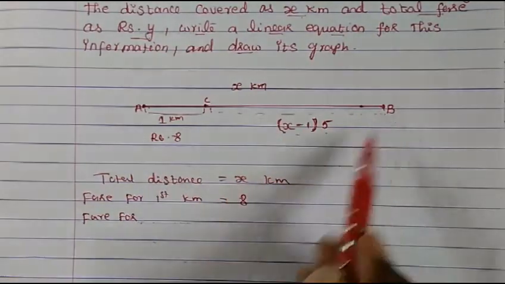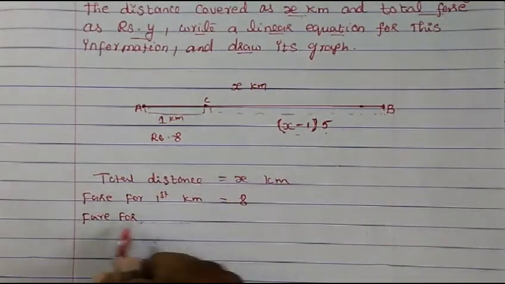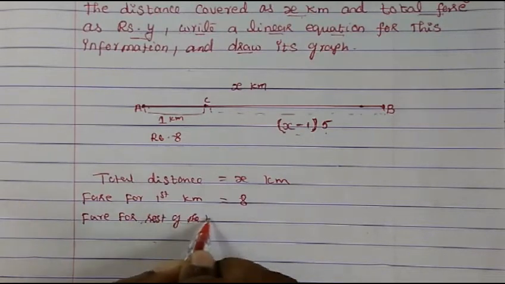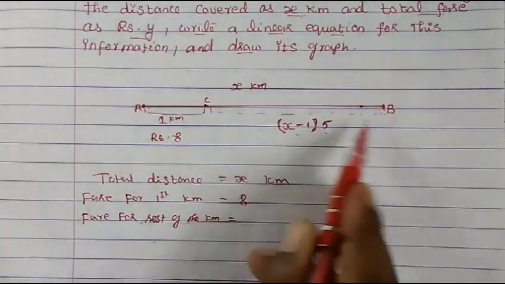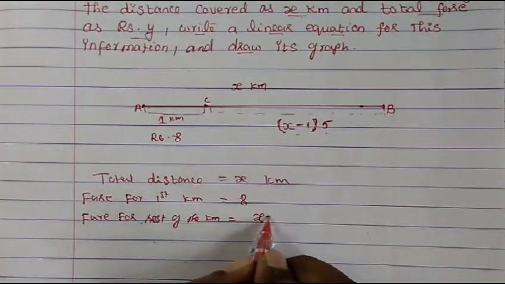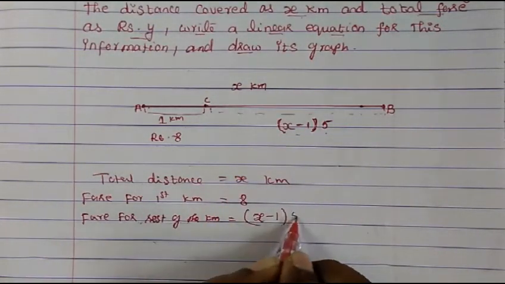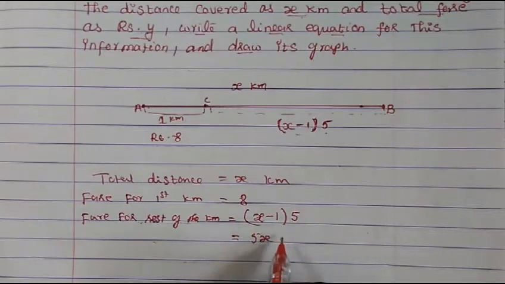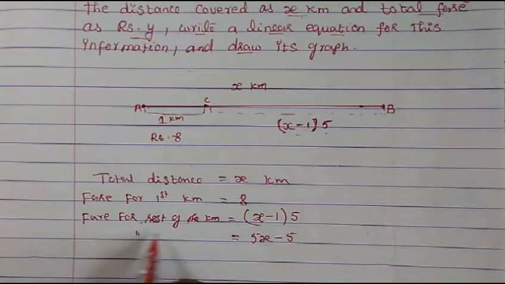Now the remaining distance: fare for the rest of the kilometers is x minus 1 into 5. Now let's multiply this. x into 5 will give us 5x, minus 1 into 5 will be 5. So this is the fare for the rest of the kilometers.